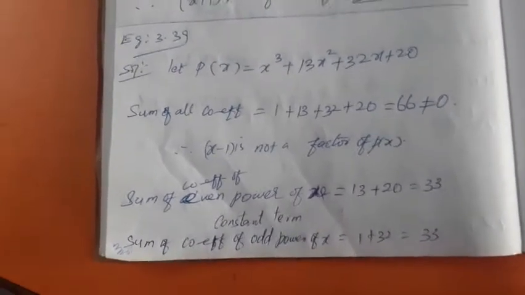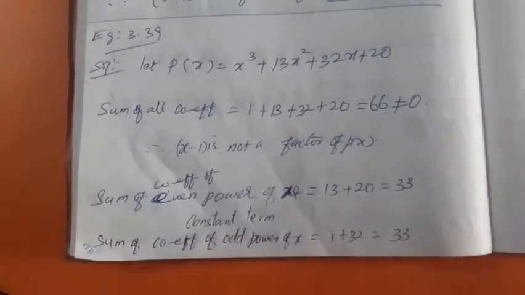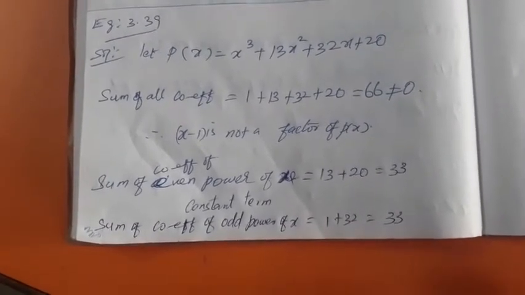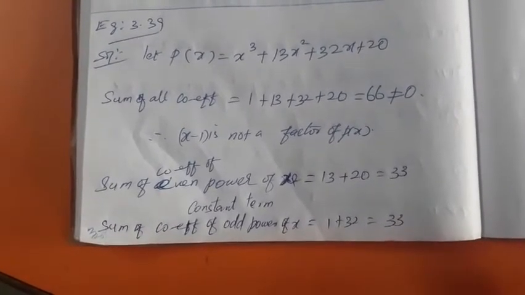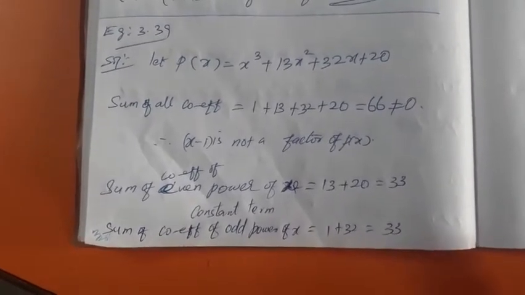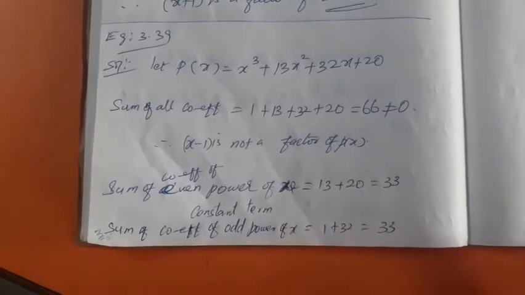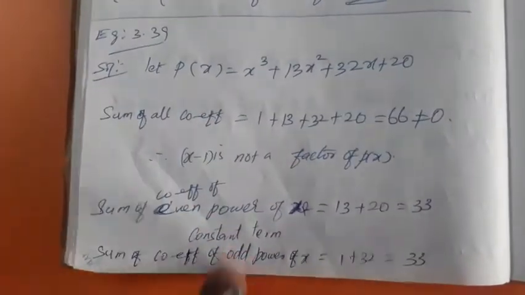So both are equal. The given condition in the book says that if the sum of the coefficients of even powers of x, including the constant term, is equal to the sum of the coefficients of odd powers of x, then x plus 1 is a factor. So x minus 1 is not a factor, but x plus 1 is a factor of p of x.